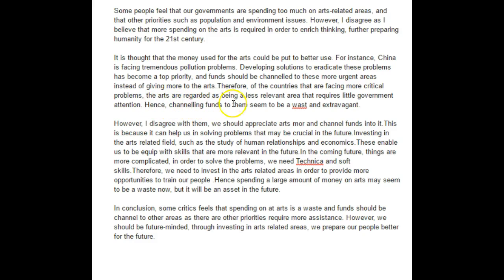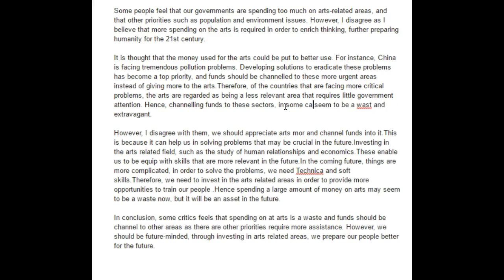Hence, channeling funds to these sectors in some cases can be seen as wasteful and extravagant. Good.